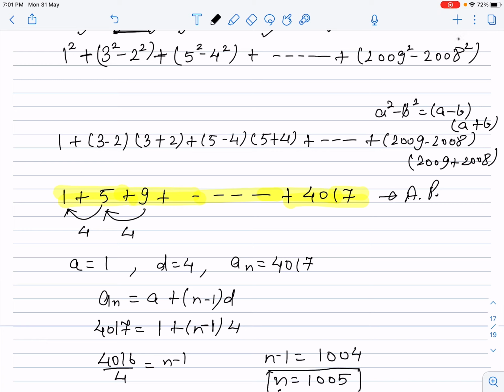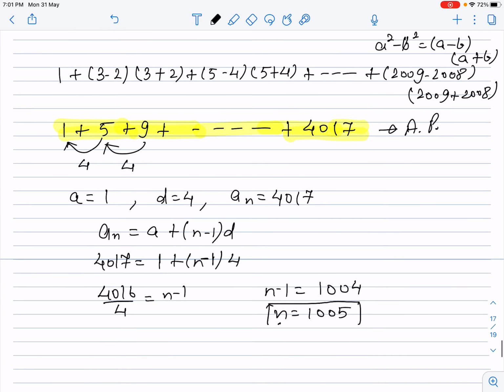As soon as I got the n value, we have the Sn formula. What do we know? Sn is equal to n by 2 into a plus an, or it can in turn be written as n by 2 into a plus l, where l is the last term, which is equal to an. So l will be 4017 over here.